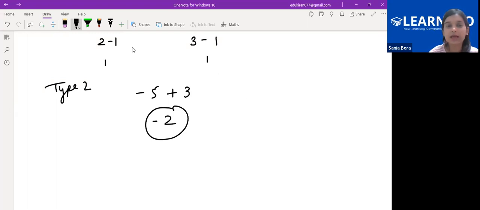Clear with Hepzibah? You already know this, right? Now, for example, Ananya will tell me minus 3 minus 4. Ananya, what should be the answer?